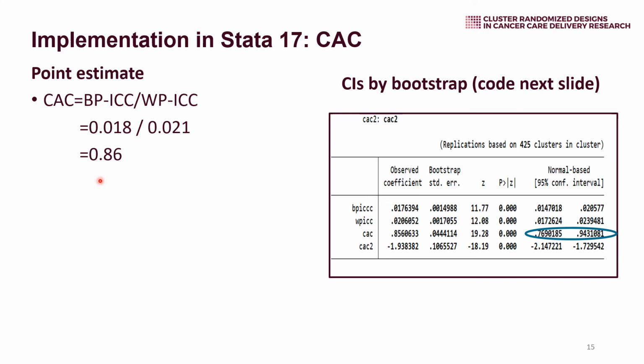If we wanted confidence intervals for that, we could obtain them by bootstrap. There's a little bit of code on the next slide that provides some Stata code for how we could implement that. It turns out that this bootstrap method provides us with this confidence interval here, which we might think of as an upper and lower bound in our sample size estimation.